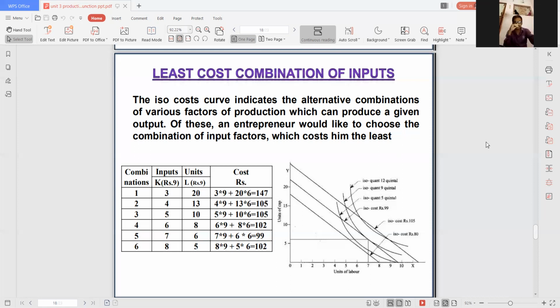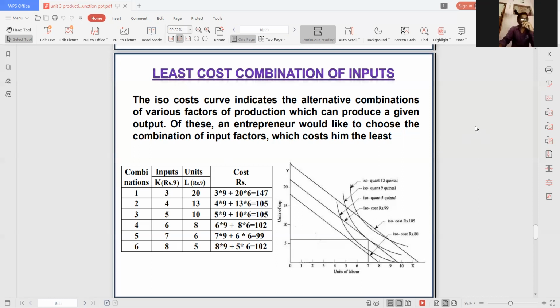Notify, use rupees 6 instead of 9. L means for 1 unit of labor you have to spend 6 rupees. Here in inputs, for 1 unit of capital, 9 rupees.